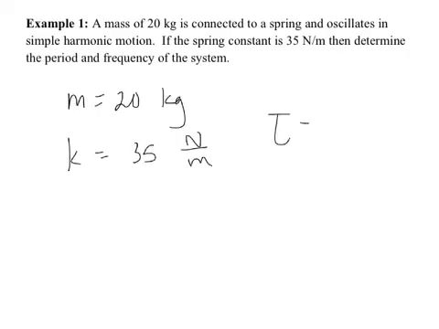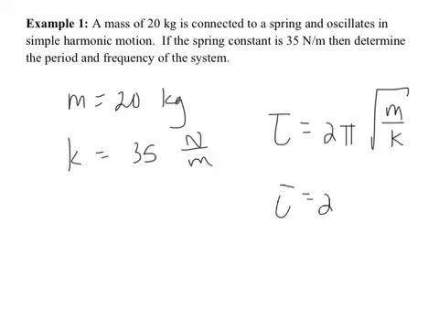And if we remember that period equals 2 pi square root of m over k, we can find our period using the mass and the spring constant. So let's go ahead and plug those in. We get period equals 2 pi times the square root of m over k, so we have 20 kilograms over 35 newtons per meter.